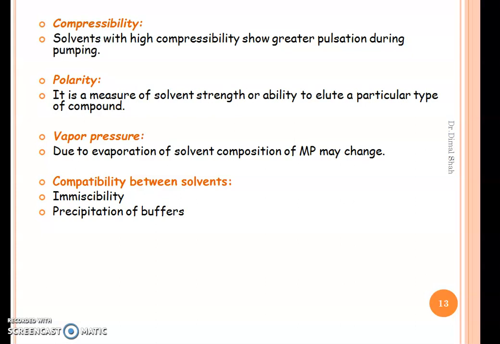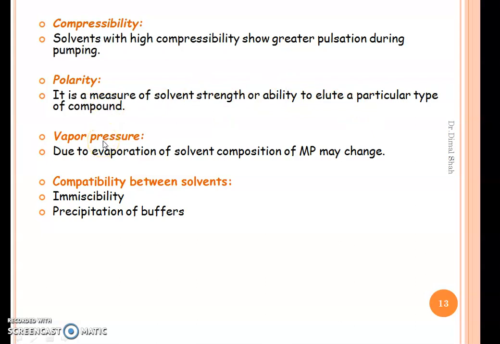But if your solvent is compressible, there are chances of pulse creation, and due to that, repeatability or reproducibility in your result may not be obtained. So make sure that the solvent you are selecting is not compressible. Another parameter is polarity. It is a measure of solvent strength, or the ability to elute a particular type of compound.